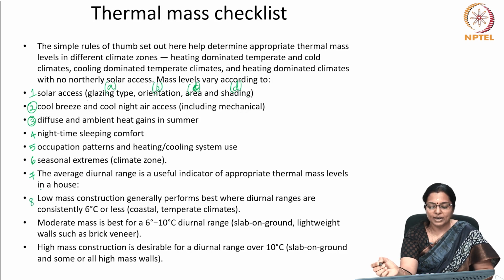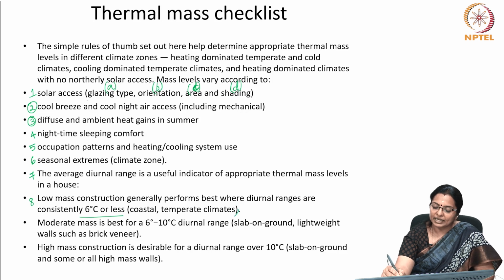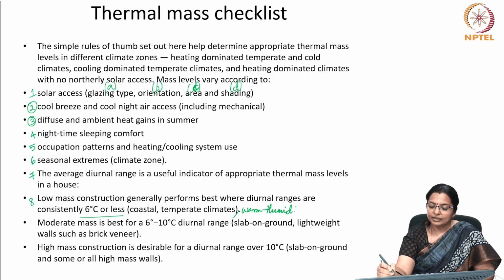Eighth is low mass construction generally performs best when diurnal ranges are consistently 6 degrees centigrade or less. Coastal, temperate climate, warm and humid, these are the most appropriate climate types.